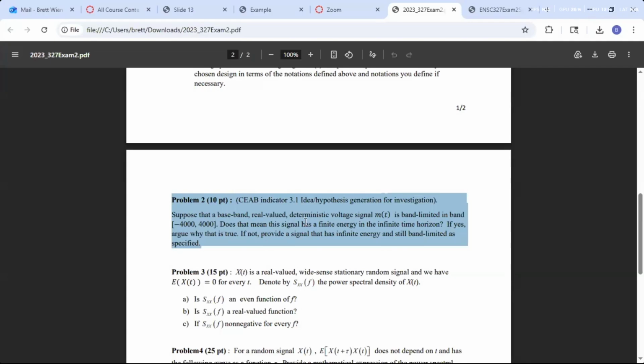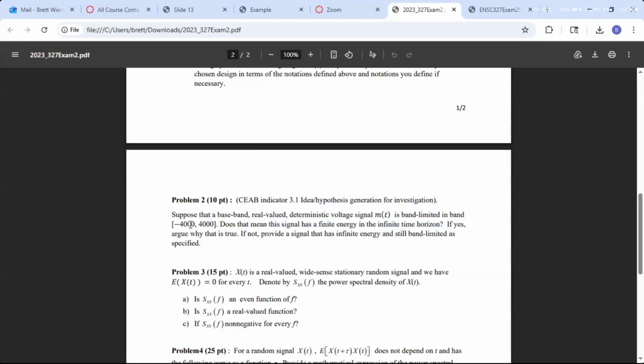So just try to have, if you can, in your cheat sheet, a little glossary of defined words, right? So here it is saying, suppose that a baseband real valued deterministic voltage signal, m of t, is band limited in the band from negative 4K to positive 4K. Does this mean this signal has finite energy in the infinite time horizon?